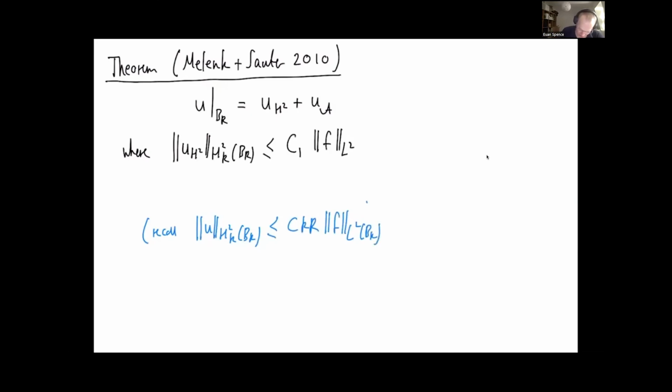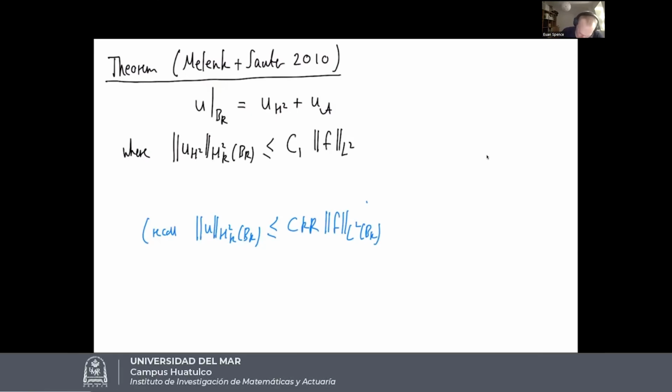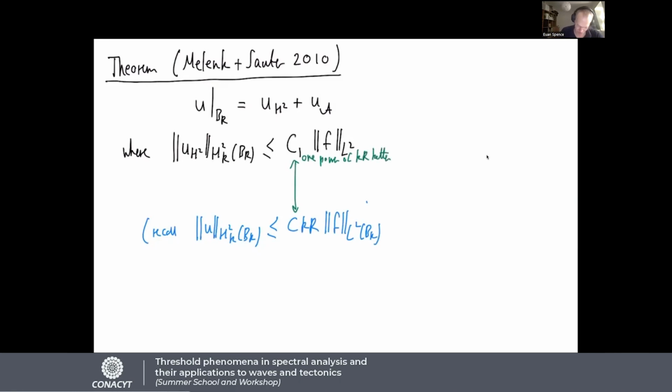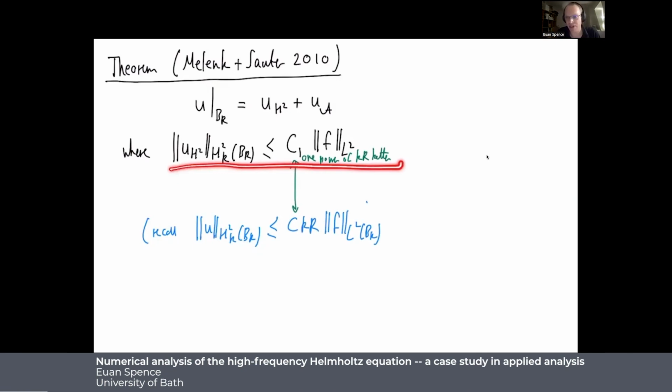So in particular, comparing this, we see one power of KR better. So this U_H2 satisfies a bound that's one power of KR better than the bound satisfied by the Helmholtz solution.